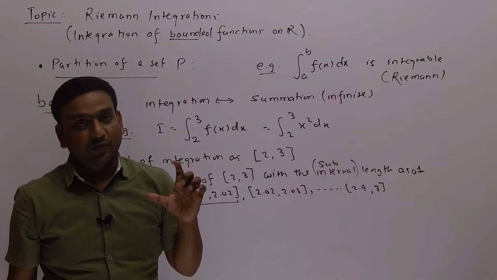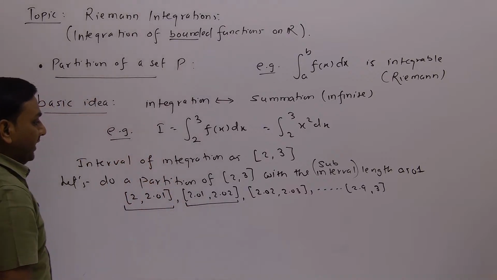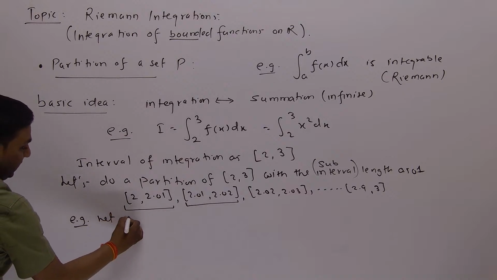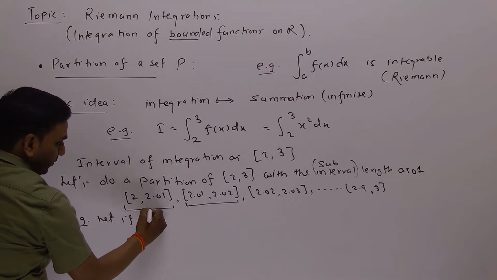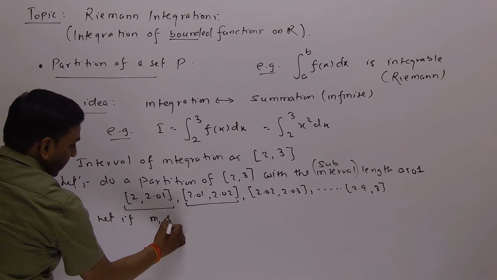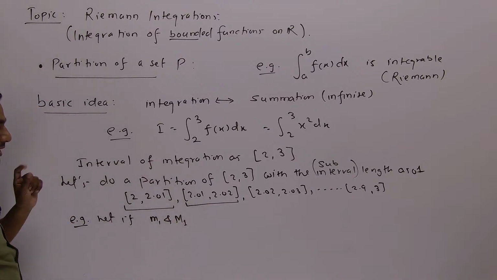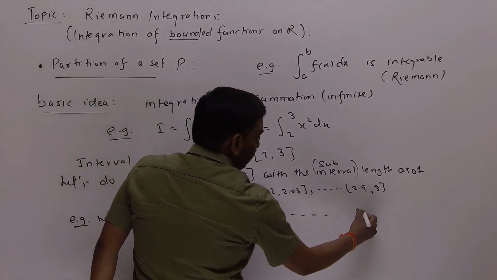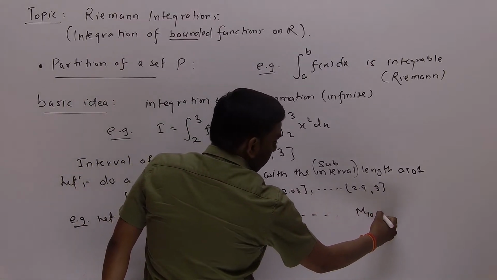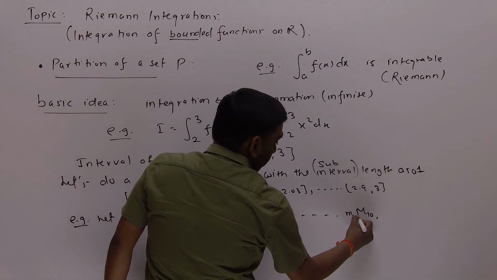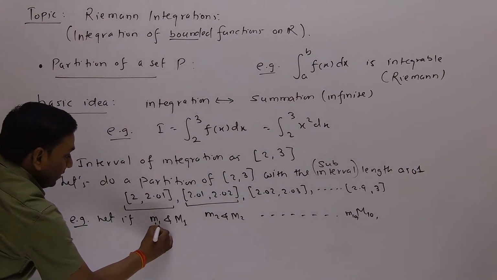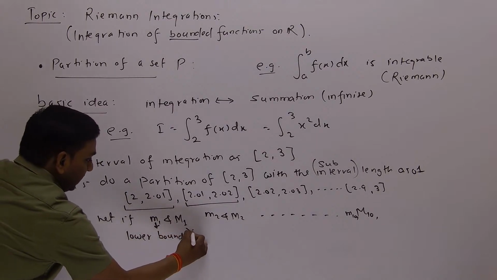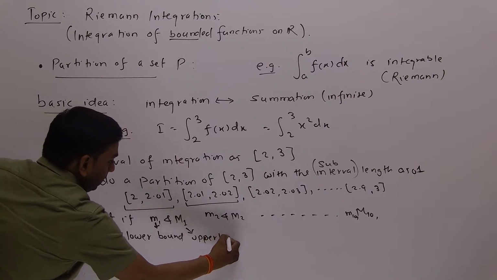Suppose I call them small m1 and capital M1, here m2 and capital M2, and here small m10 and capital M10. What I call it is the lower bound and the upper bound.